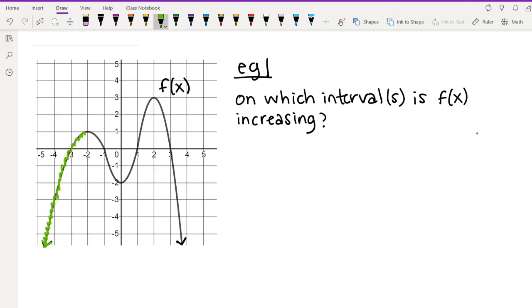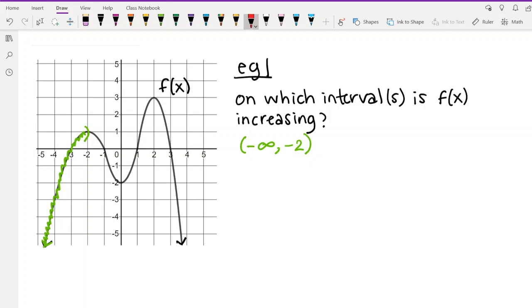And so we can see that the graph is going up all the way starting at -infinity. And where does it stop? It stops at x is equal to -2. And again, we do not include -2 because that's a point where it's doing neither, right? At -2, it's not increasing or decreasing. Maybe this notation will be better. I'll put a parenthesis there to emphasize that's where it stops.